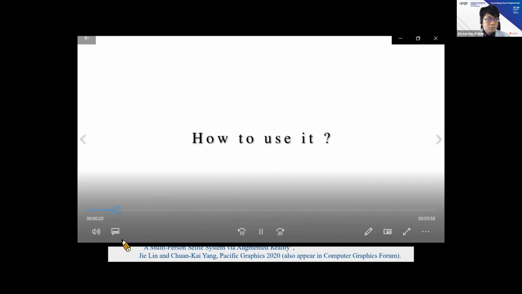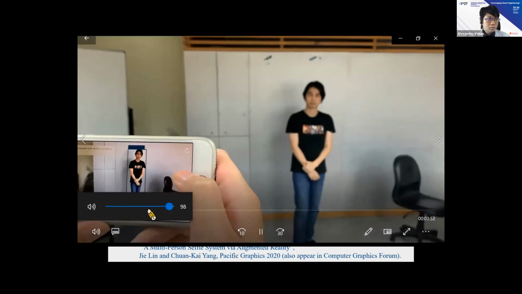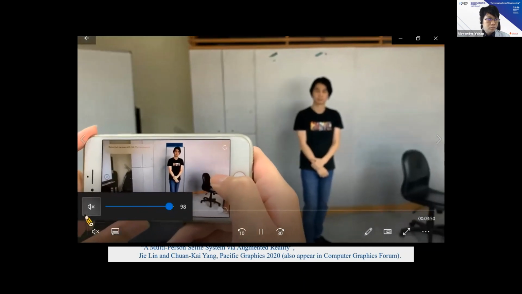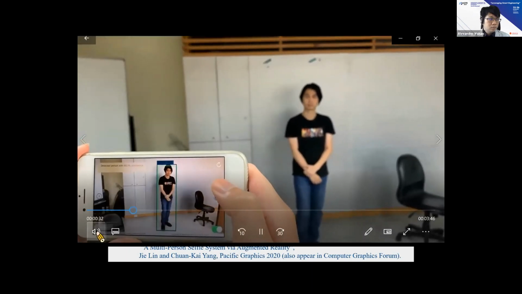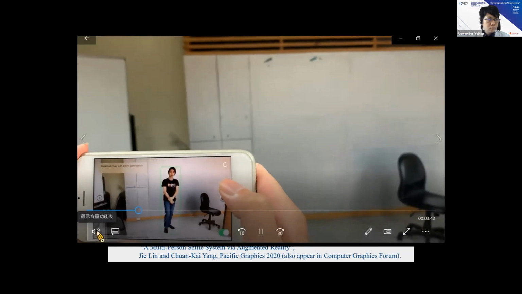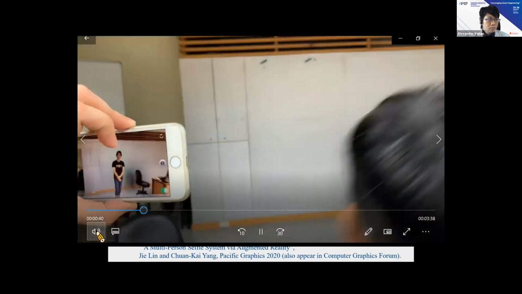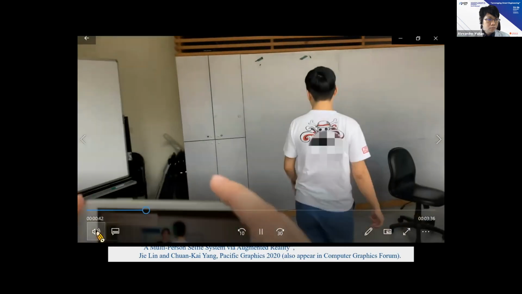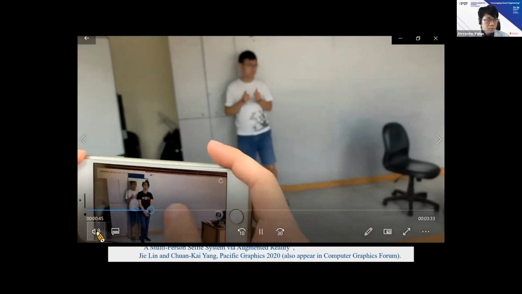First, let us watch the process of taking a group photo using our system. As shown in the video, we assume that there are two users, user A and user B. In the beginning, user A took a photo of user B, and then they exchanged their location. When user B is to take a picture of user A, user B will not only see user A but also himself, being overlaid on the screen of his camera.